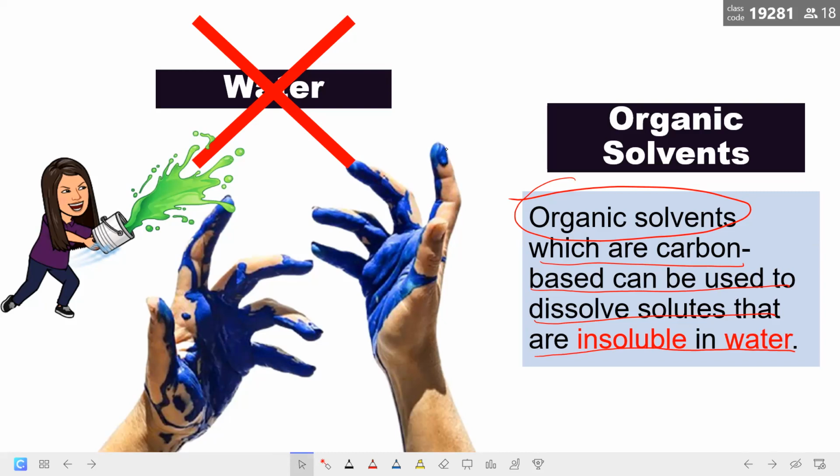But nowadays, if you've got sanitizer in class, all you have to do is spray it on, because it's alcohol based, it's carbon based. Alcohol is an organic solvent, and it will come out. So teacher's teaching you another trick here: if you have a permanent marker pen that you want to take out, you can use a sanitizer as well.